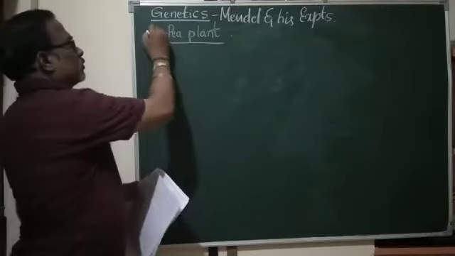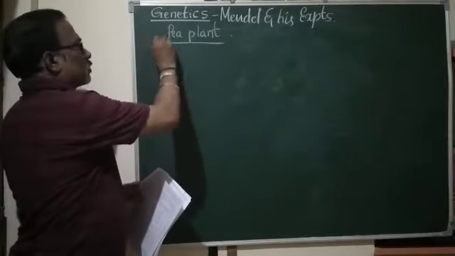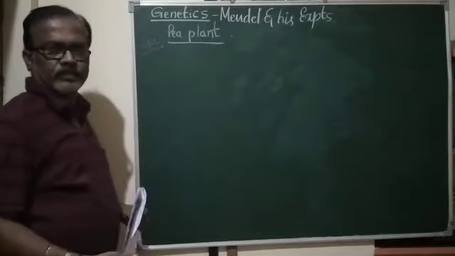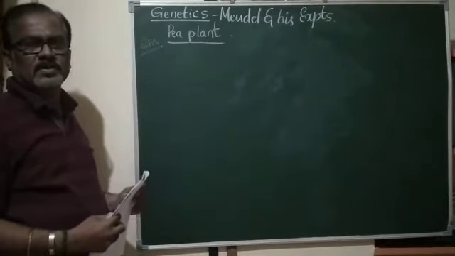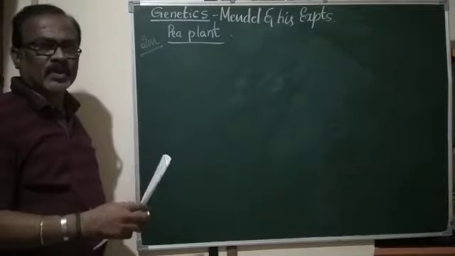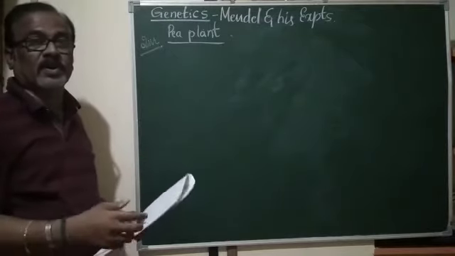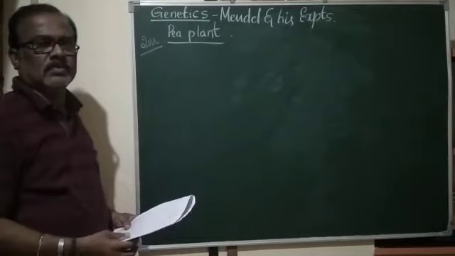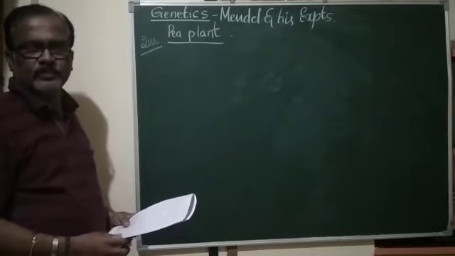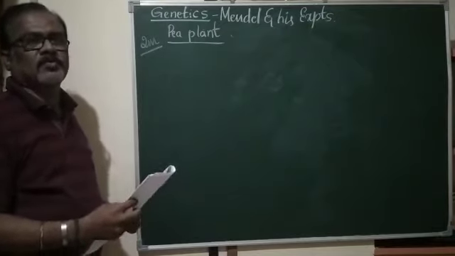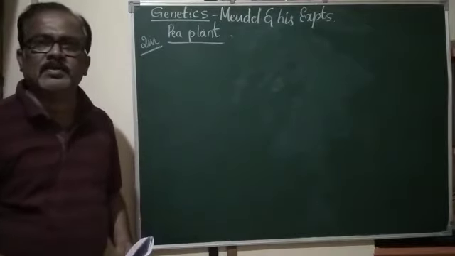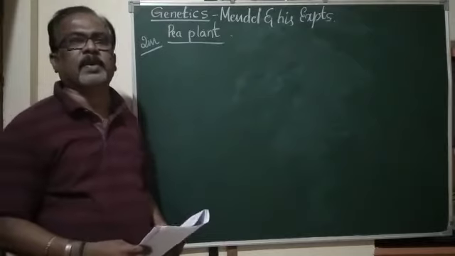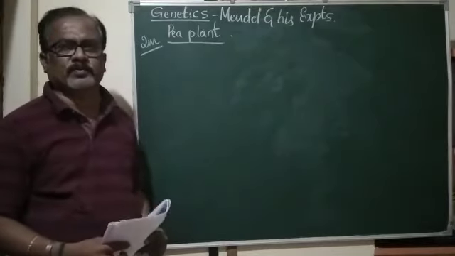Sometimes it will be asked for 2 marks. Why did Mendel select garden pea plant for his experiments? Why not the other plants? Why not the other animals? Because of the following advantages, Mendel selected garden pea plant for his experiments.